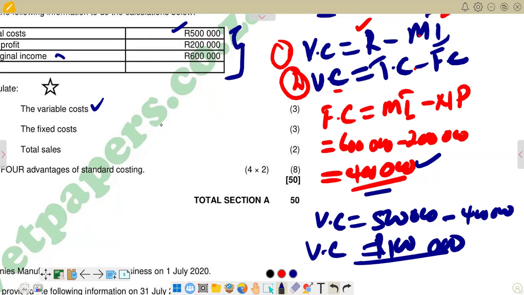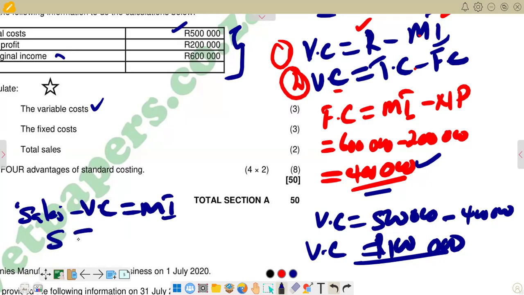Then total sales. Now to get our total sales, remember we have a formula that we put there, whereby we said sales, which is the revenue, when you subtract the variable cost, you get marginal income. So we want to find the sales.